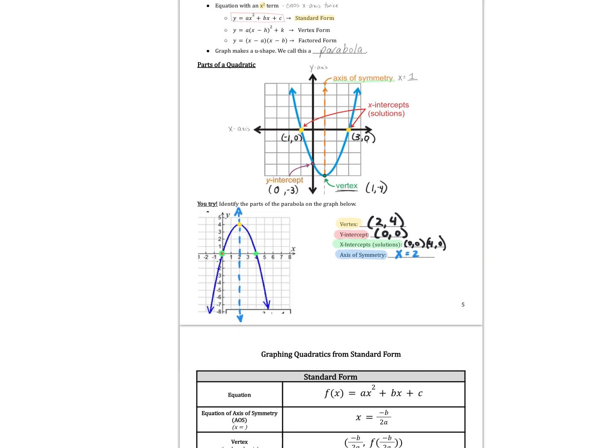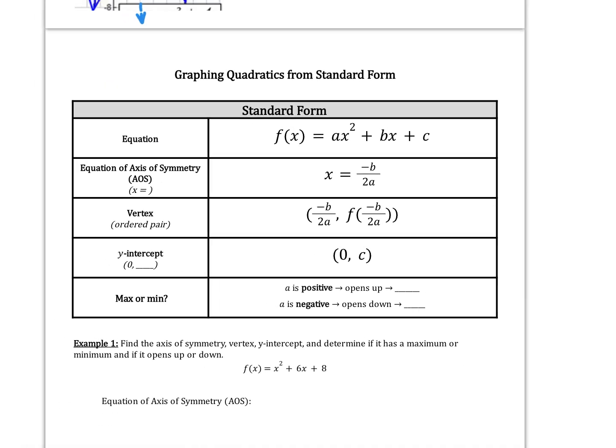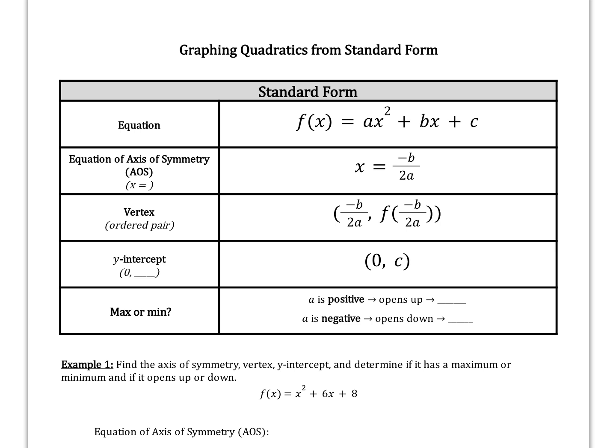Let's look at page 2. Your quadratics right here, graphing quadratics from standard form. Now, don't get scared by this, but this is your cheat sheet right here. Mrs. Baxter is setting you up for success. You only have to follow this graph.